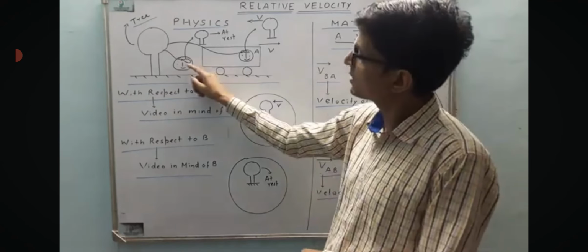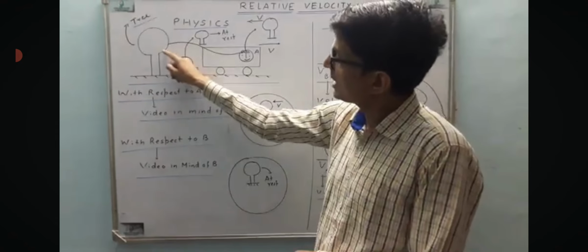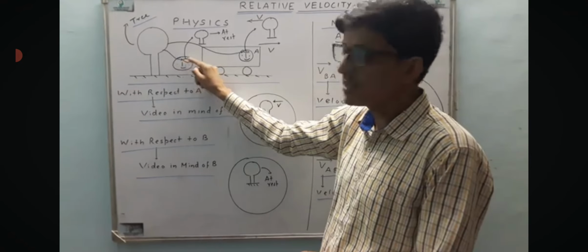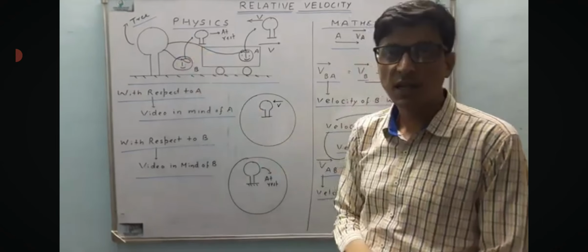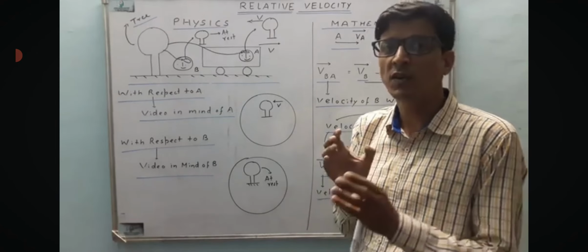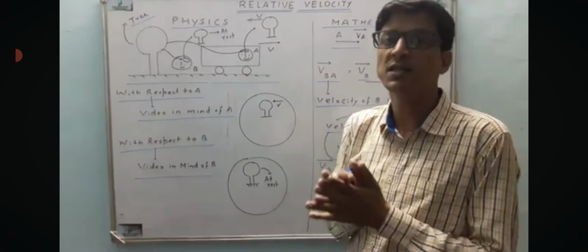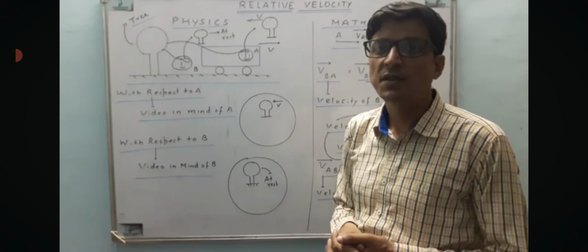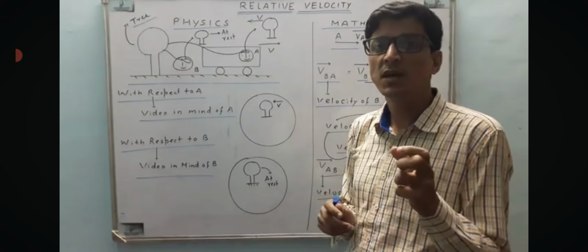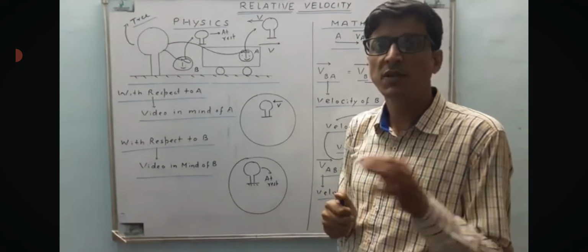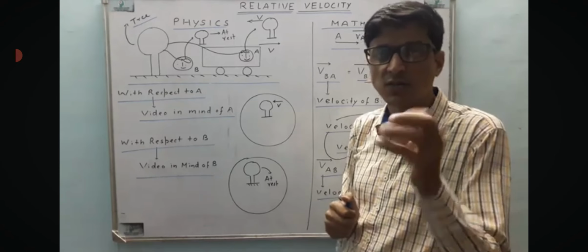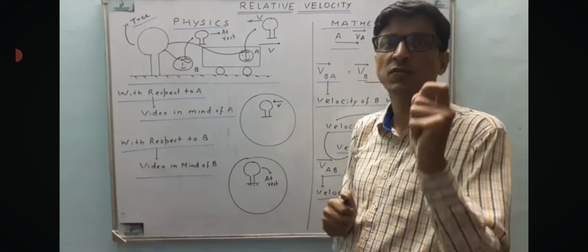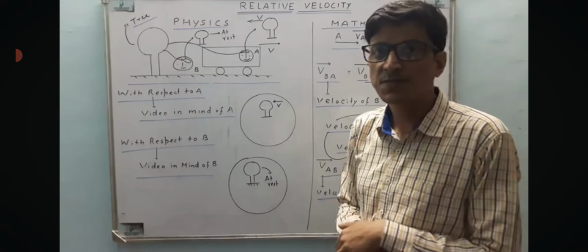So with respect to the person on the road, light is entering his mind and a video is created in his mind. And in his video, he will see that the tree is at rest. So if you ask him, is the tree at rest or in motion? He will say it is at rest, because he says that on the basis of the video in his mind.